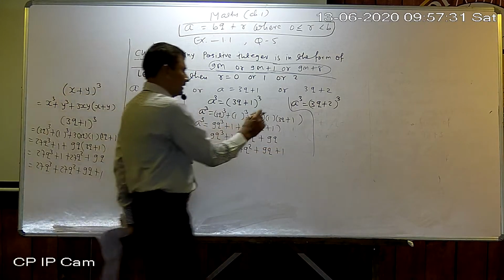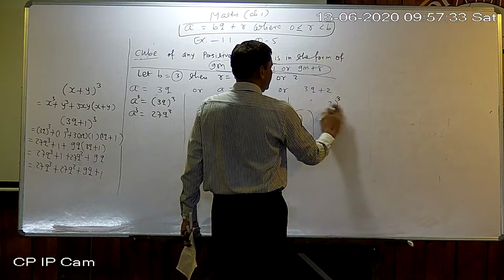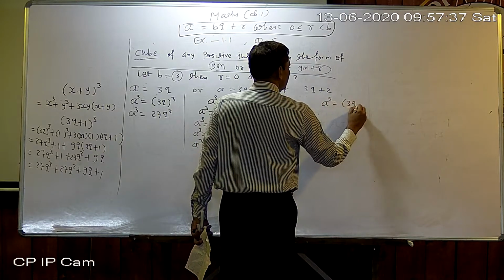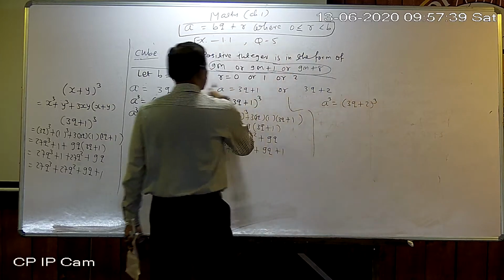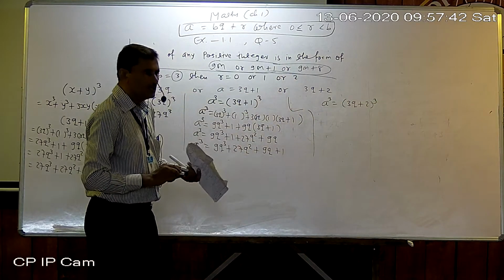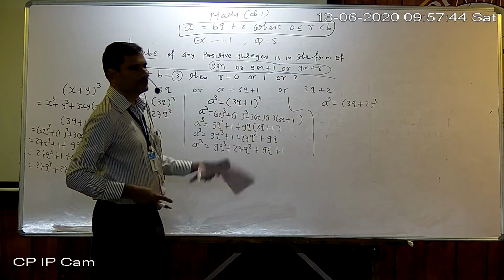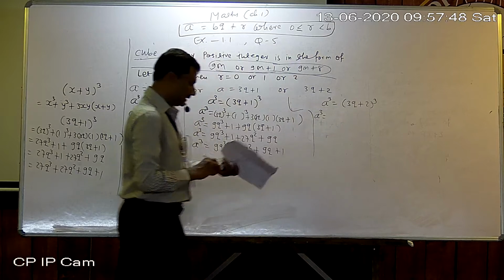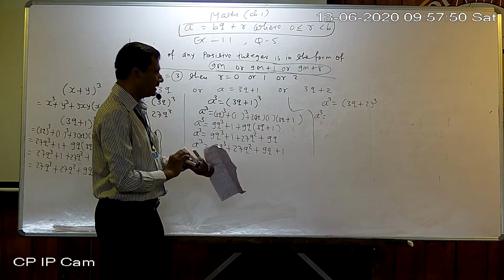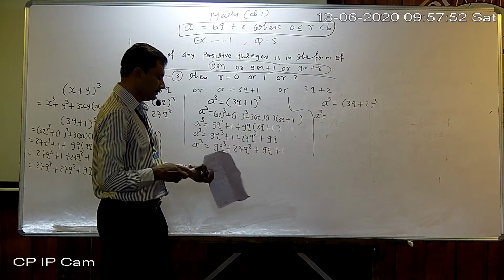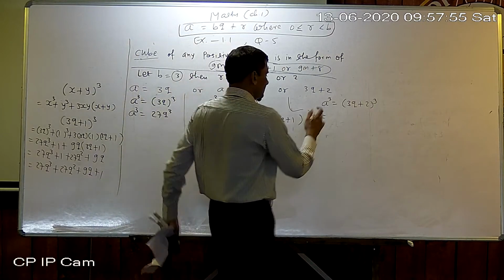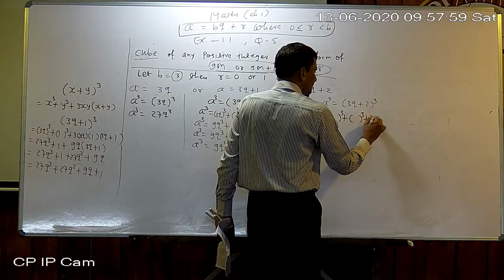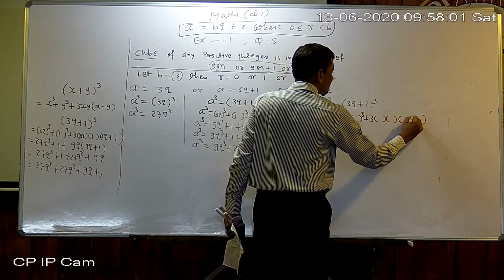Same way I expand this one also here. A cube is equal to (3q plus 2) whole cube. Okay, the expressions are the same only. We are making a cube. So again a cube, use that identity. So that identity becomes here x cube plus y cube plus 3xy(x plus y), so a cube plus b cube plus 3ab(a plus b).